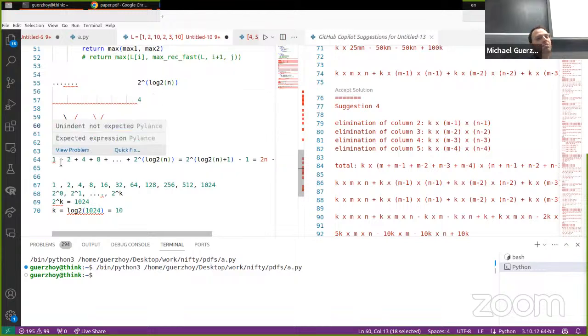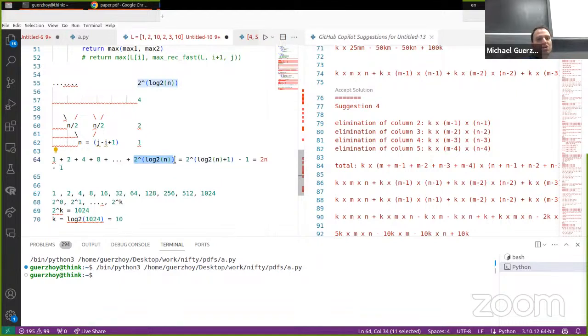So this is like 1 plus 2 plus 4 plus 8, and then up to n, which we rewrite as 2 to the power of log n.